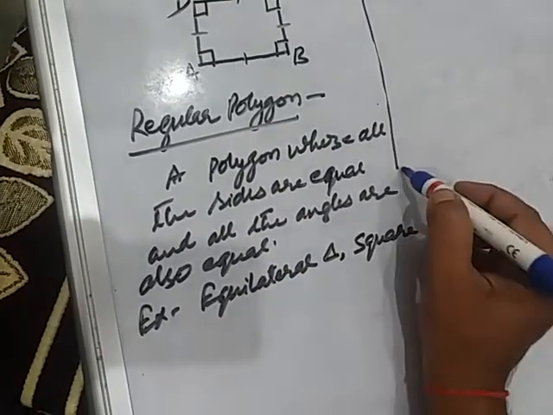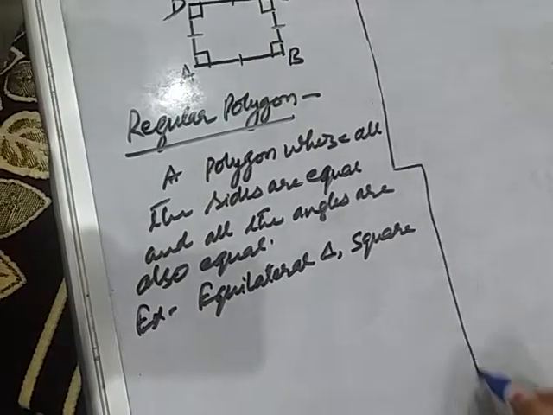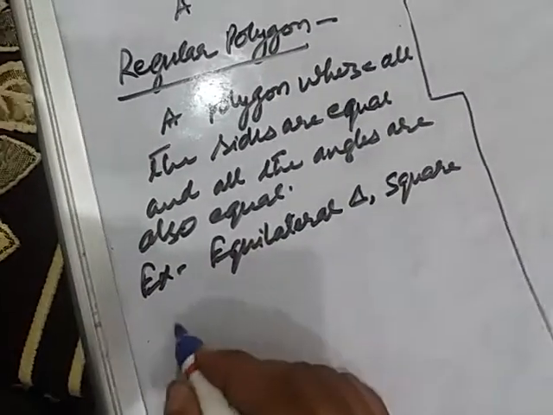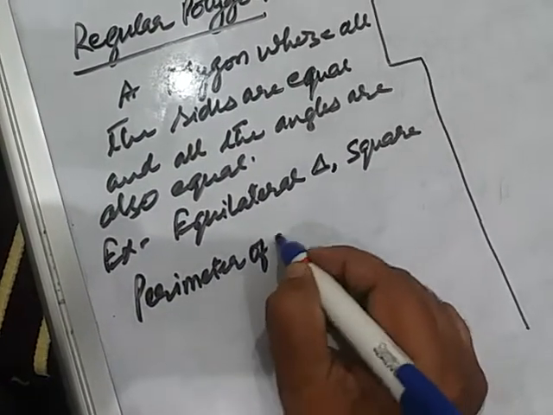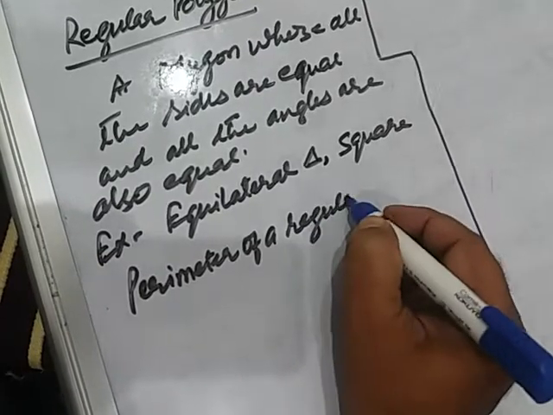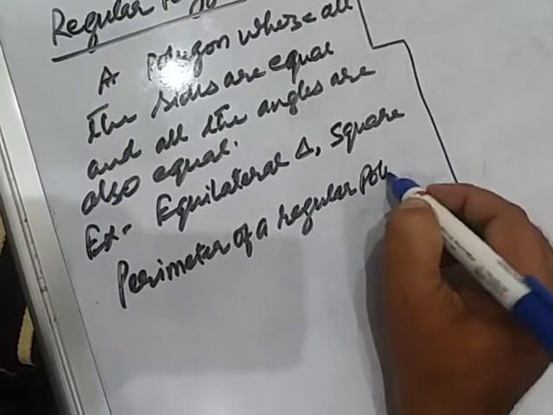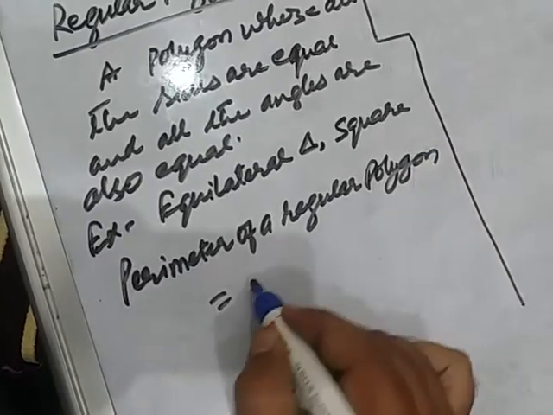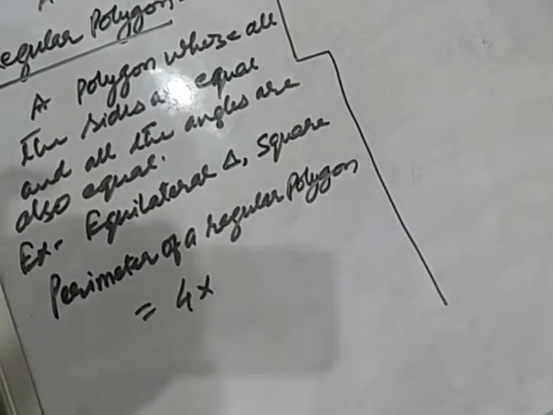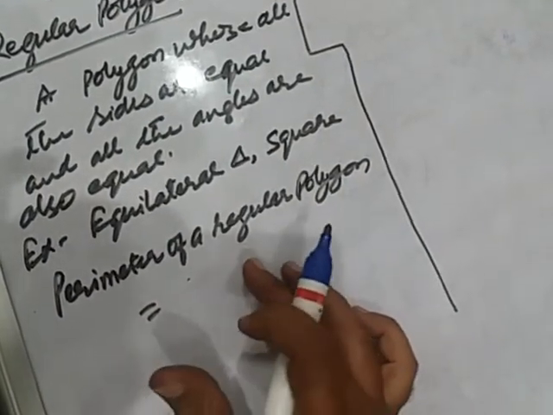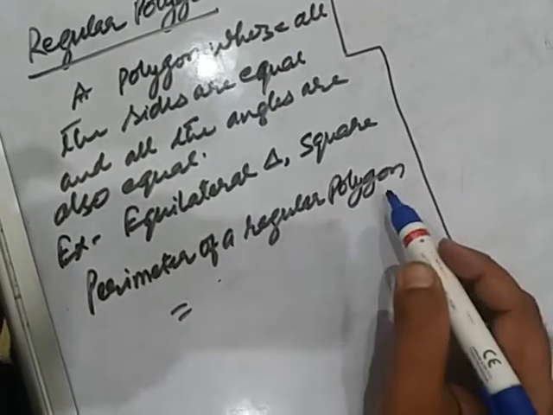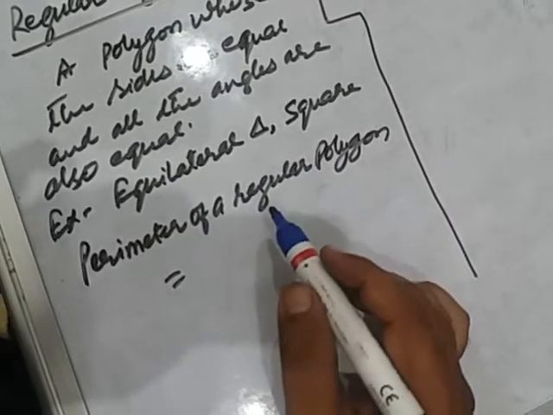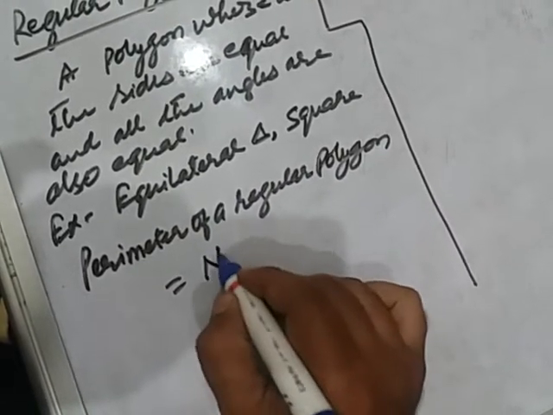Now let us see the perimeter of a regular polygon. Perimeter of a regular polygon is equal to number of sides into length of one side.